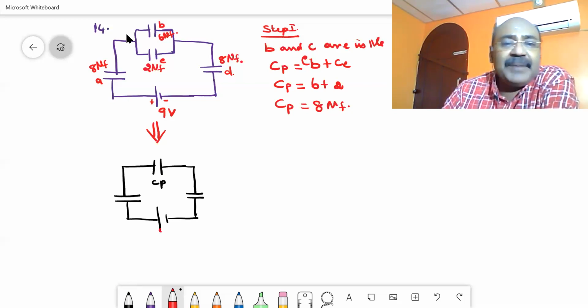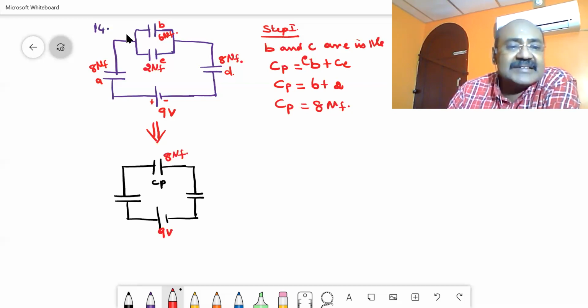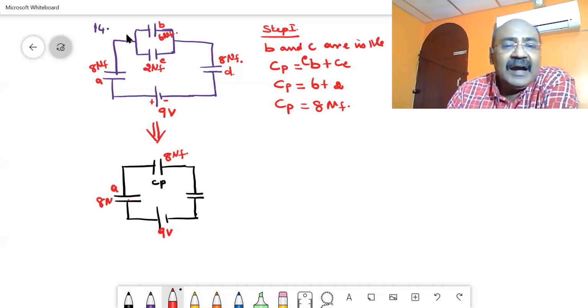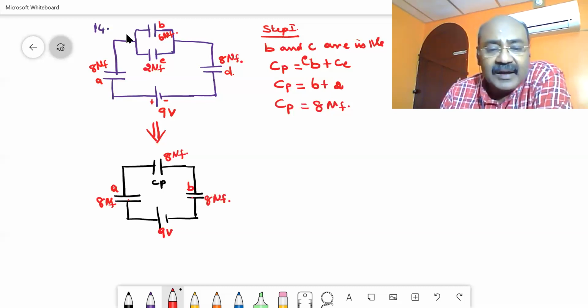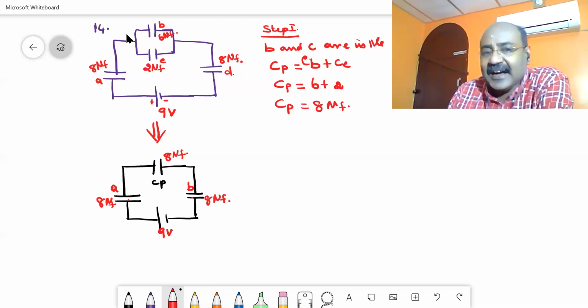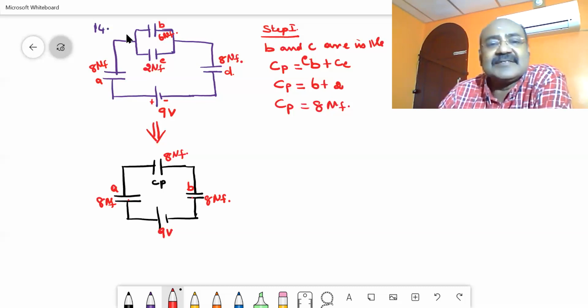The CP is of 8 microfarad, this capacitance A is of 8 microfarad, and this capacitance D is also of 8 microfarad. Now all the three capacitors are in microfarads.